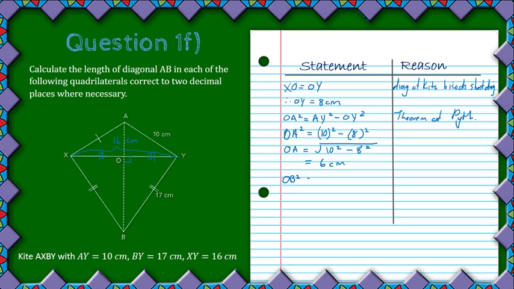Then moving on to the bigger triangle, we've got OB, also a short side. OB squared is equal to my long side, BY squared, minus my other short side, OY squared. So now OB squared is equal to BY, which is 17 squared minus 8 squared, and OB is equal to the square root of 17 squared minus 8 squared.